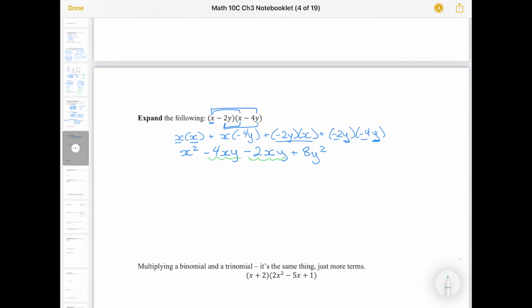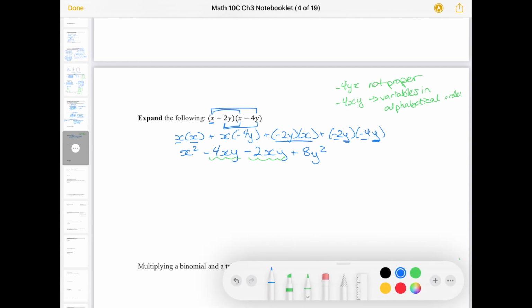So this is proper: negative 4xy. Negative 4yx, while technically correct, is not proper. Right? It should be negative 4xy. My variables are in alphabetical order. I know, math has so many rules, doesn't it?